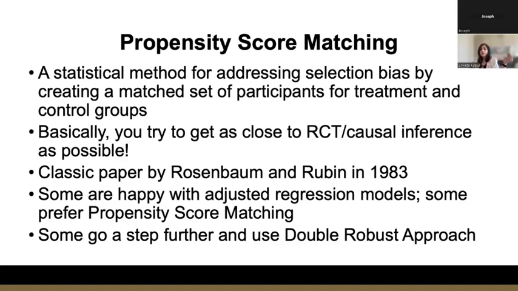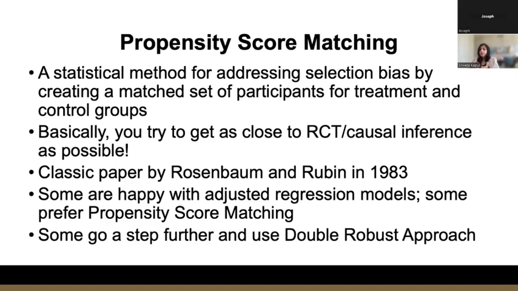And we try to address it by making sure that we are matching the participants in the two groups that we have. So basically what we are trying to do is get close to the quality of evidence or the causal inference that an RCT would actually provide us.